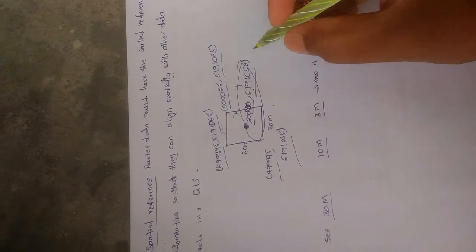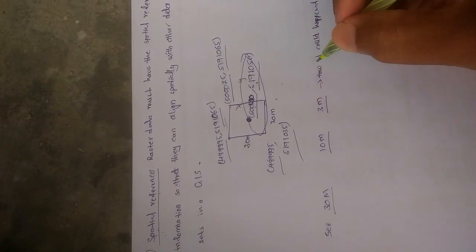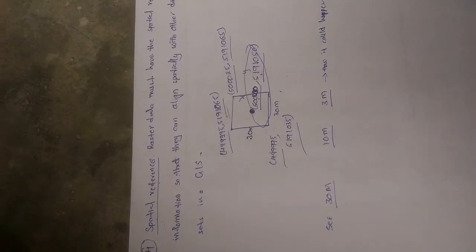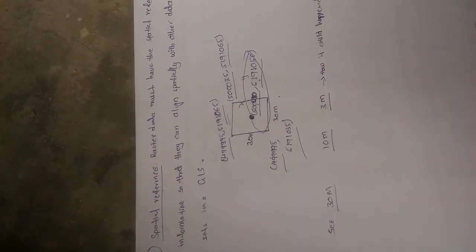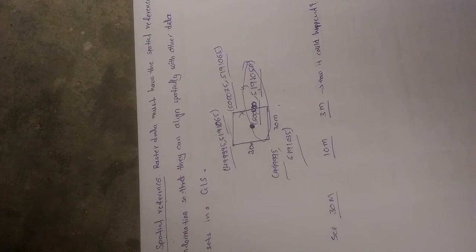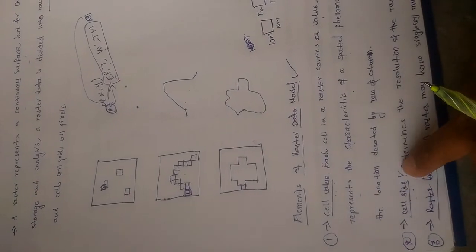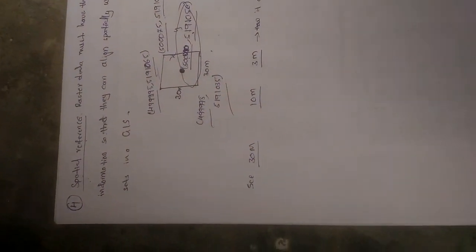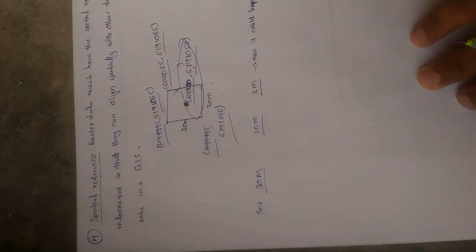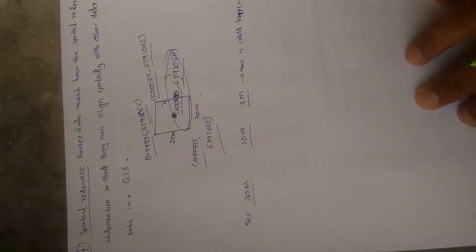That is the reason why raster data will not give the accurate location. So what are the elements of the raster data? First one, cell value, cell size, raster bands, and last one is the spatial reference. These are the elements of the raster data.